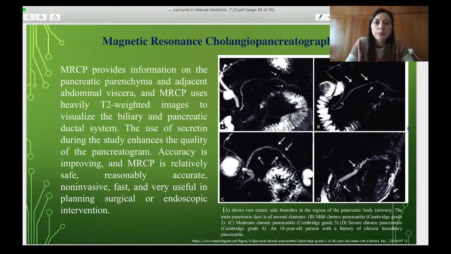Magnetic resonance cholangiopancreatography uses heavily T2 weighted images to visualize the biliary and pancreatic ductal system. The use of secretin during the study enhances the quality of the pancreatogram.